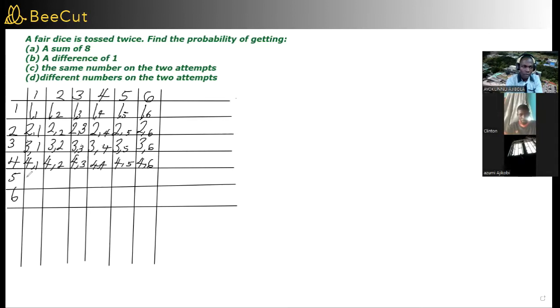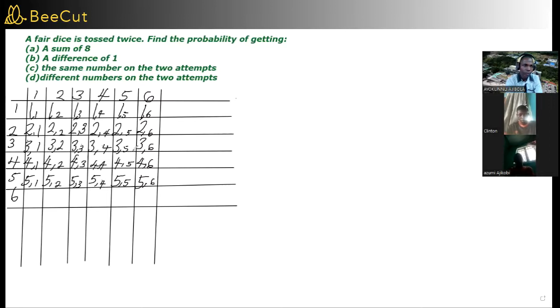Then the next one is possible also 5, 1, 5, 2, 5, 3, then 5, 4. Then 5, 5, and 5, 6.